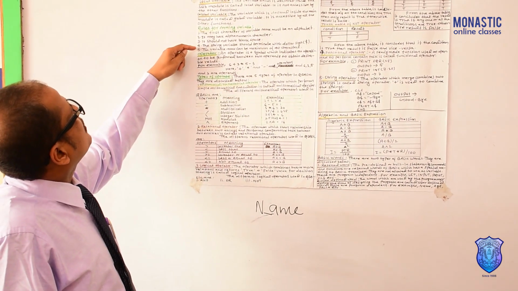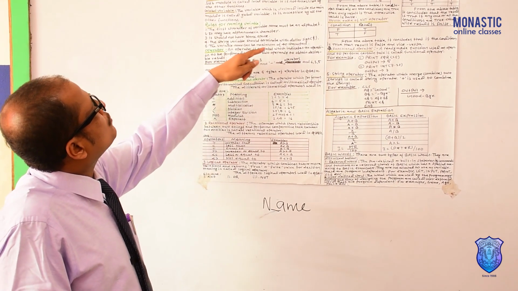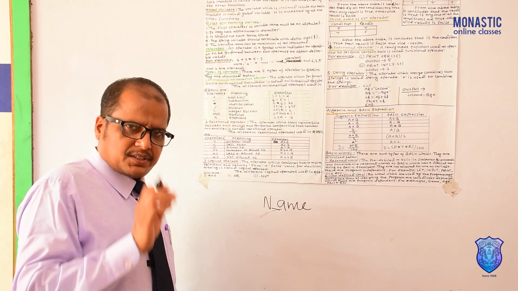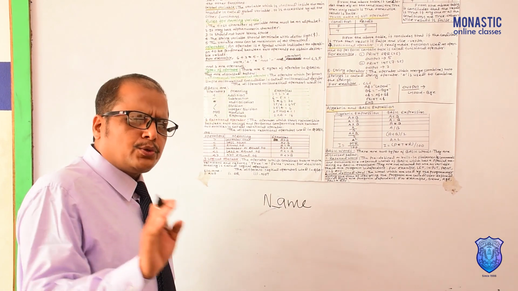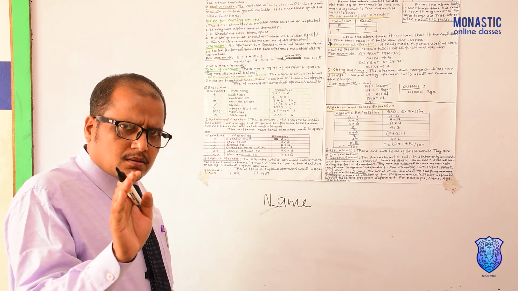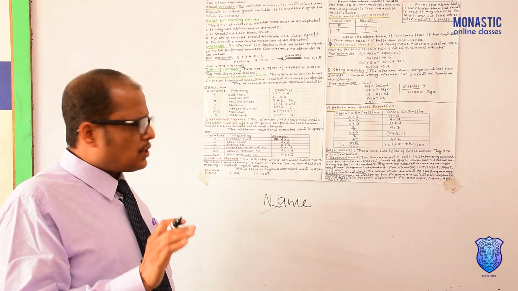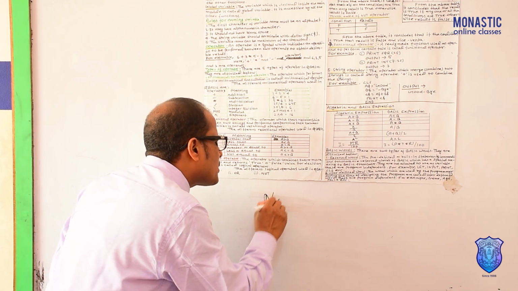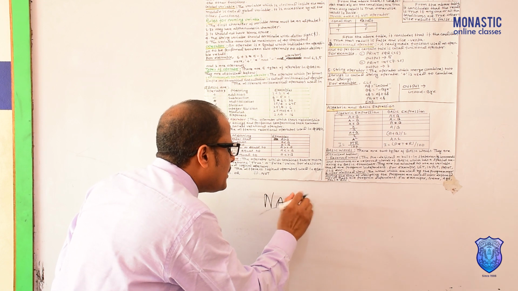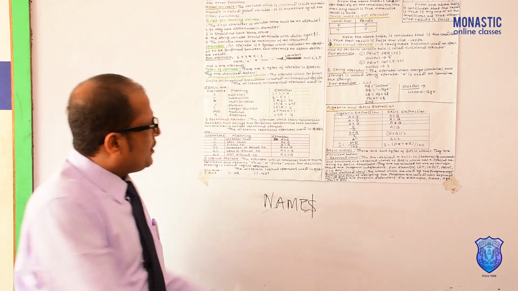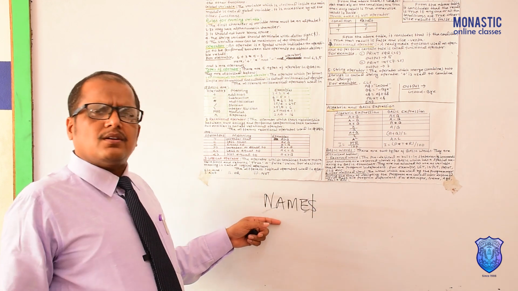Next one is the string variable should terminate with $. If a variable is numeric, there is no need to terminate with the $ sign. But if the variable is a string type, then there is a need to terminate with the $ sign. For example, name$. Here this name$ is a string variable.